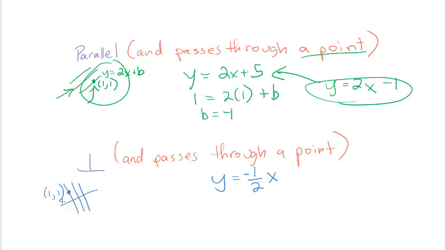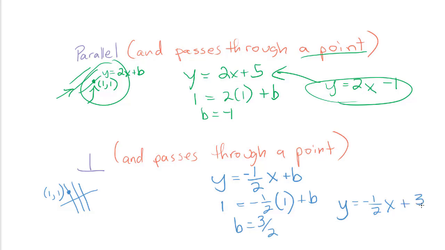Plus, well, again, we don't know what that intercept is, so we're just going to call it b for now. But we do have a point that lies on the line, 1, 1, and we're going to plug that back in for our x and our y. So 1 equals -1/2 times 1, x equals 1 at the given point that's on the line, plus b, and we can solve for b. I'm going to add half to both sides. b equals plus 3/2. The equation of our perpendicular line that passes through the particular point 1, 1 is y equals minus 1/2 x plus 3/2.